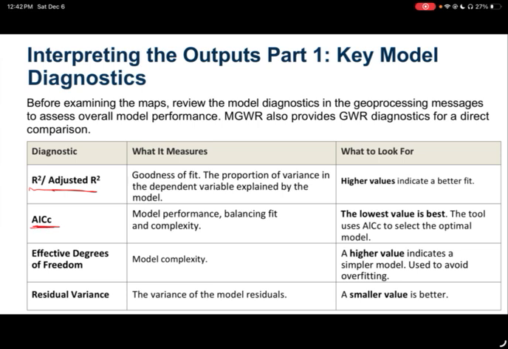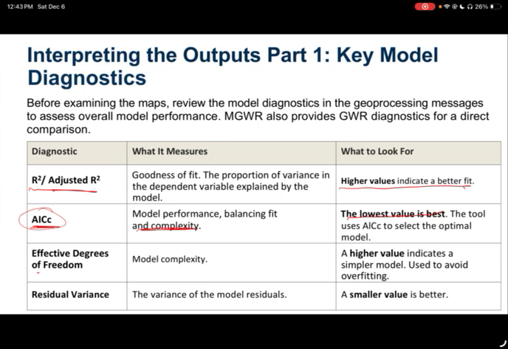Both R square and AIC represent the model fitting. For R square, a higher value indicates a better fit, but for AIC, a lower value indicates a better fit. Yeah, it's quite different. But here, most research often uses AIC since it also considers the model complexity. So they consider the model penalty when they use more variables.